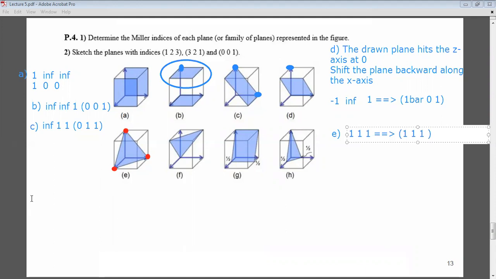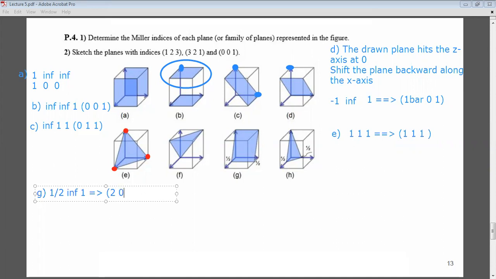Let me do G. So G, it hits the x-axis at half. It doesn't hit the y-axis, so infinity. And it hits the z-axis at 1. So the Miller indices are 2, sorry, we don't put anything.